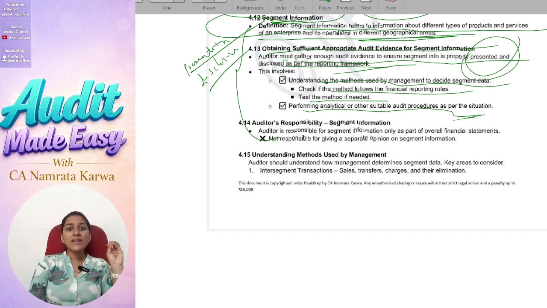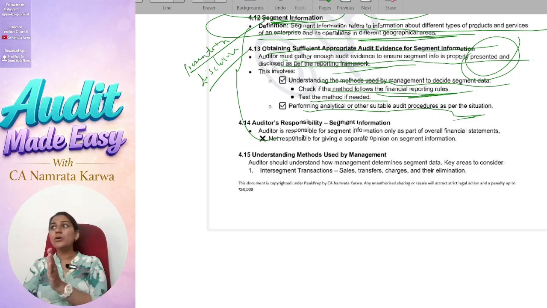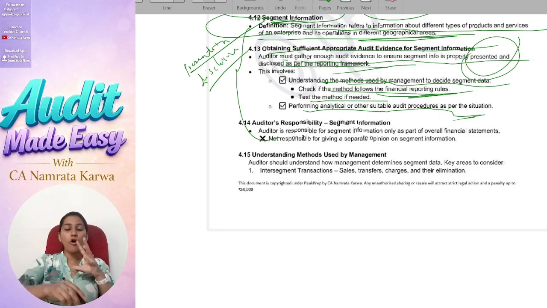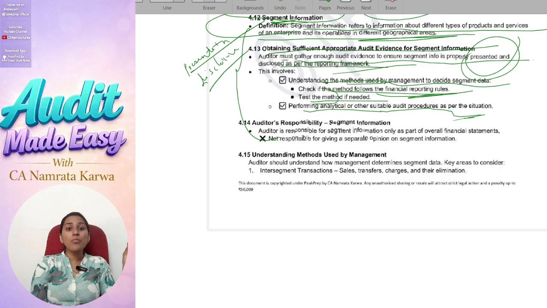Check if the methods follow the financial reporting rules, whether they have passed all the rules which have been given, all the entries have been passed properly, all the disclosures have been made properly, and test the method if needed, what kind of method they have followed.